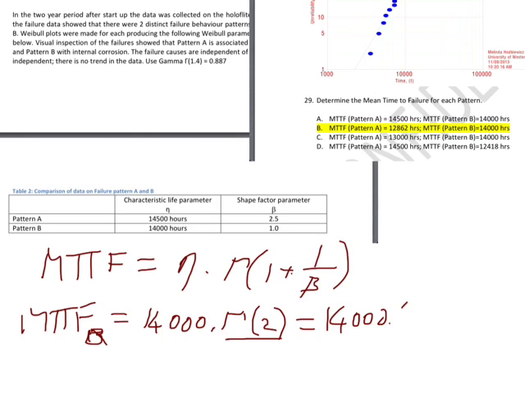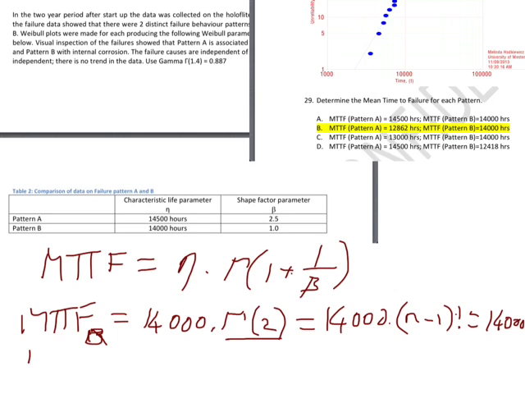Well, it's the same thing as n minus 1 factorial. N minus 1 in this case being 1, so that's equal to 1, and the whole thing is just equal to 14,000. So that one was easy.